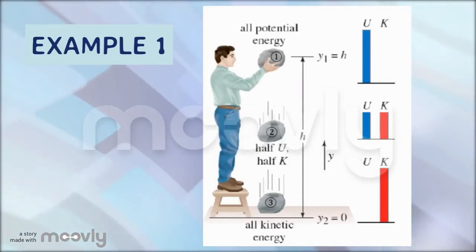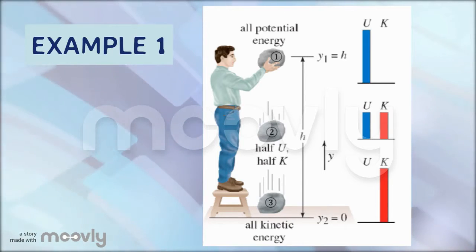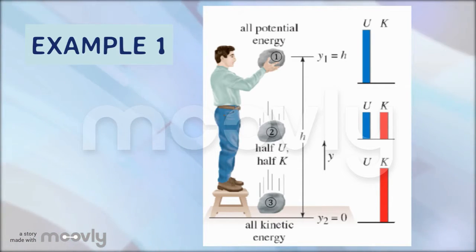For example, if a boy drops a ball to the floor, at the first position there is only gravitational potential energy, because there is no movement. In the middle, there is half potential energy and half kinetic energy. And at the final position, number 3, just before it hits the ground, there is only kinetic energy, while the potential energy is 0 because the height is 0.